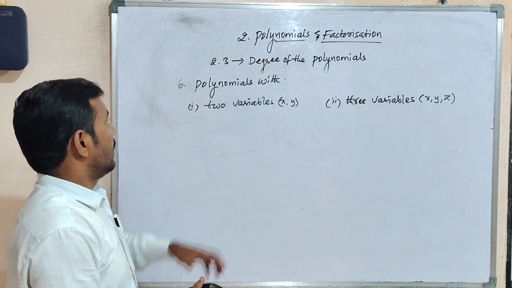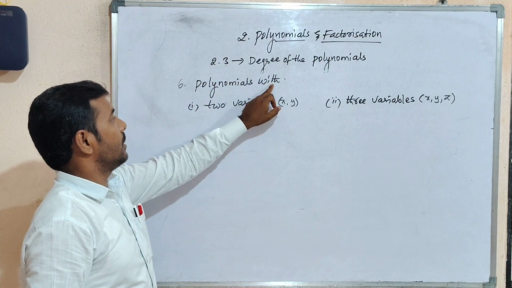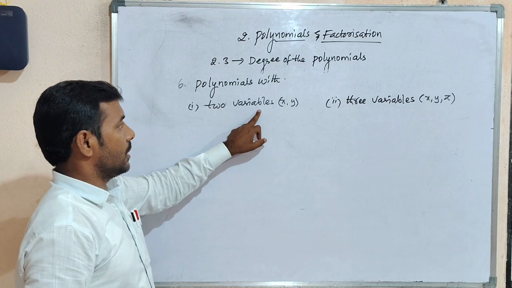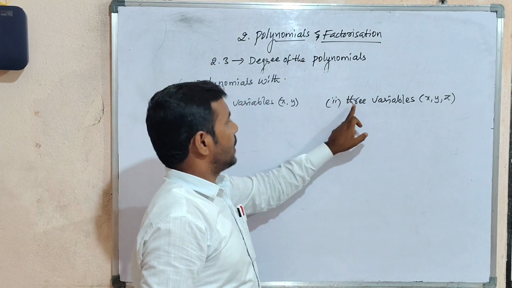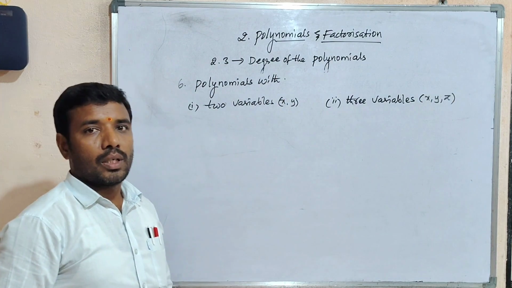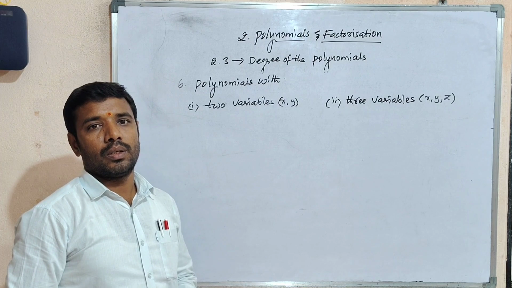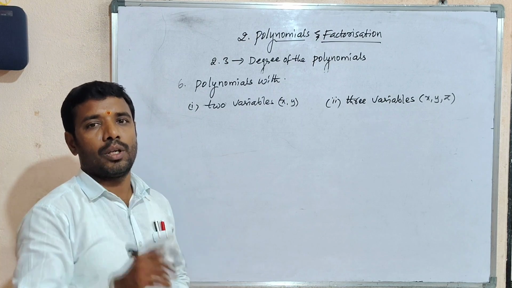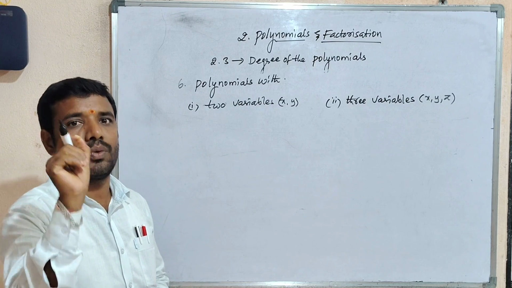Okay, students. Now the last, sixth point, that is polynomials with two variables, mainly x comma y, and polynomials with three variables, that is x, y, z. Here we discussed the polynomials in one variable, mainly we focused on the x variable.